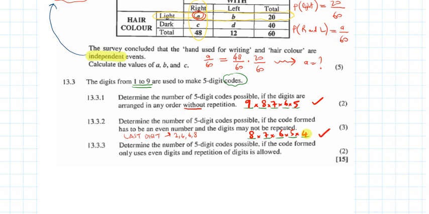And then the last question: determine the 5-digit codes possible from even digits, repetition of digits allowed. So important, only even digits. Alright, now what are my even digits again? 2, 4, 6, 8. Now we have a 5-digit code, but what is important is repetition has to be allowed.